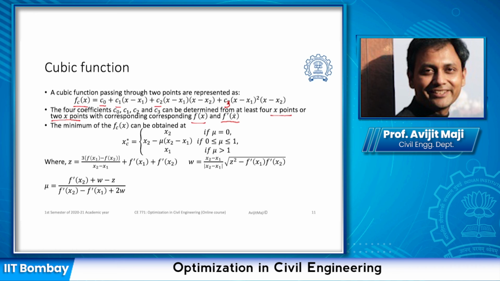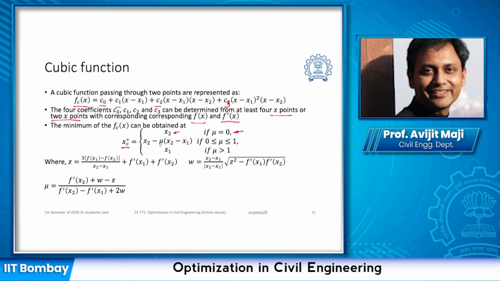If we want to fit this cubic function and find out the optimum point in this cubic function, it can be noted that this optimum point xc star is going to be x2 if my mu value is equal to 0, or it is going to be somewhere between x2 and x1, the 2 points which we are using to define C0, C1, C2, C3.